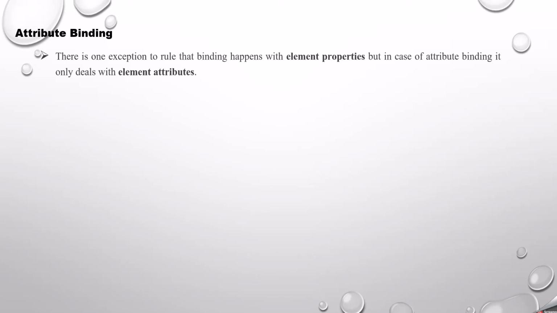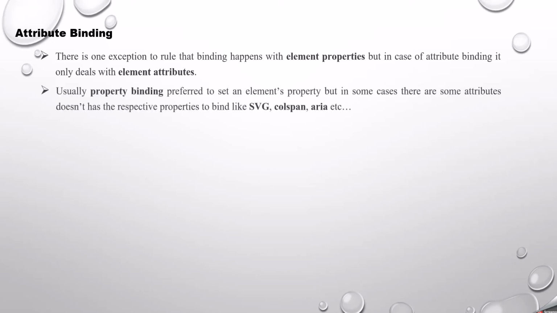There are some attributes which don't have a respective property, and we can take examples like colspan, aria, and src. These we can't expect to be rendered as properties because they don't have any kind of properties. Colspan is an attribute, but there is no property defined for it.